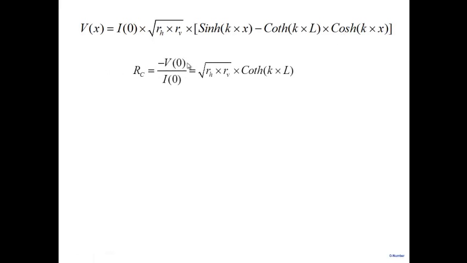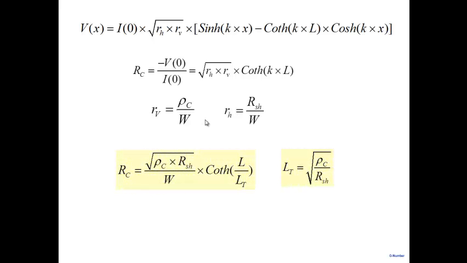Then we take the ratio V0 divided by I0 and we get an expression for contact resistance. Contact resistance depends on RH, the lateral resistance, RV, the contact resistivity part, and a term coth(kL). So that's the final model that we have.